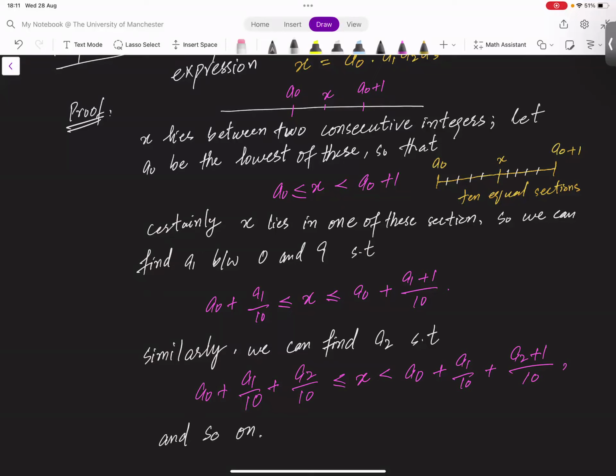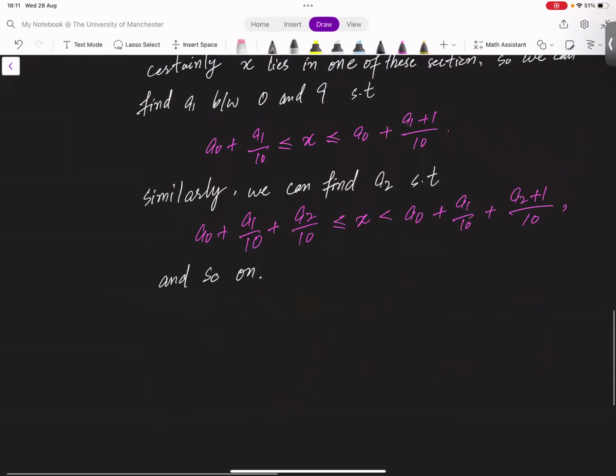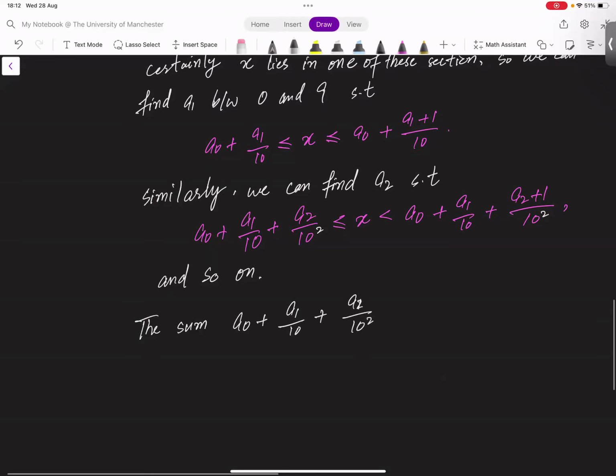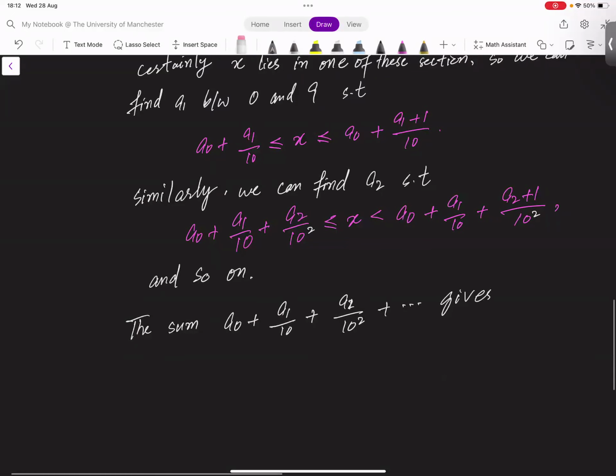Now, if we do this enough times, the sum a0 plus a1 over 10 plus a2 over 10 squared gets as close as we like to x.